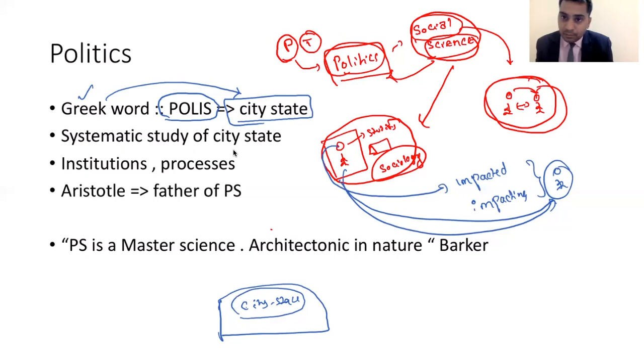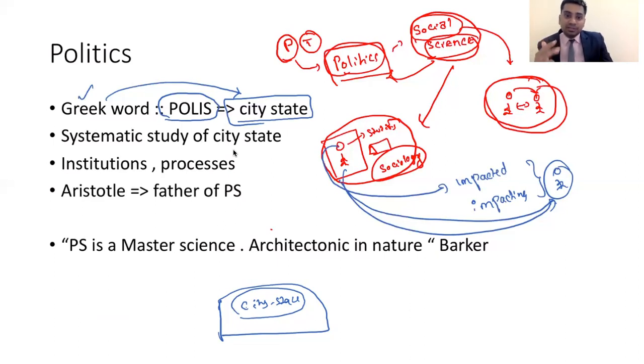So what I am saying is, politics is a branch of social science just like sociology, but sociology is limited to your house. Politics is not limited to your house, it goes beyond, looking at the aspects which are happening in the society, particularly the rules that are being framed to govern the society, the institutions that are present to govern those rules. You'll be studying that and how those rules are being framed.